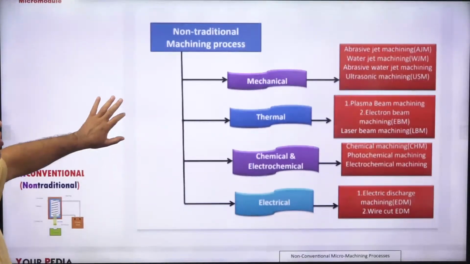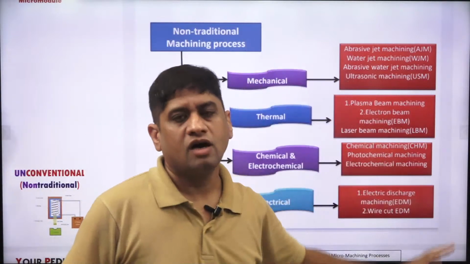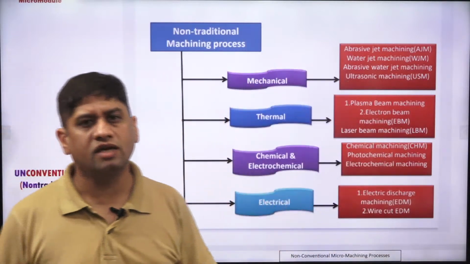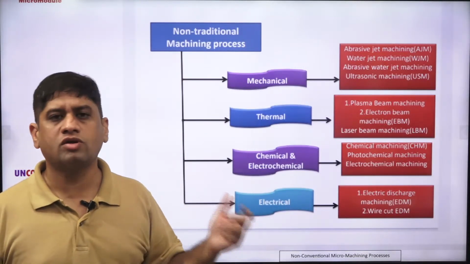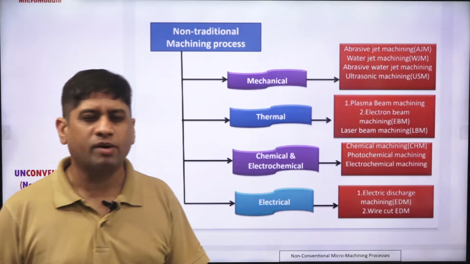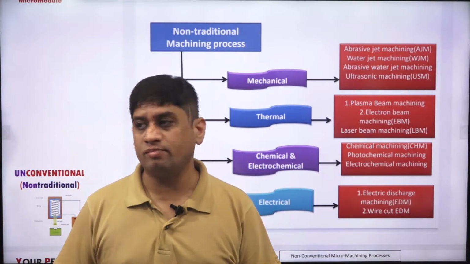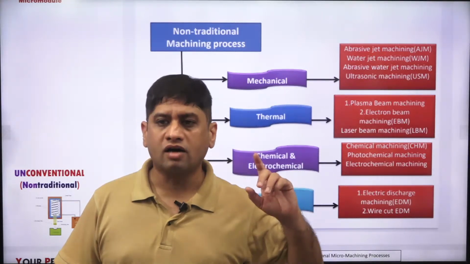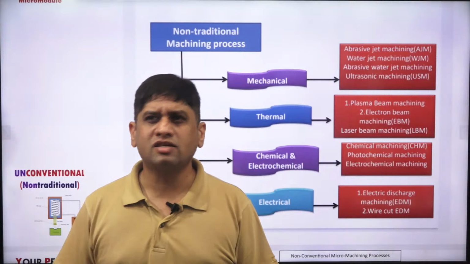Before I go to the first question, non-traditional machinings are different from conventional machining in many aspects. They are no doubt costly, special purpose machining processes, basically used where the conventional machining processes cannot be used, because some materials are not machinable.